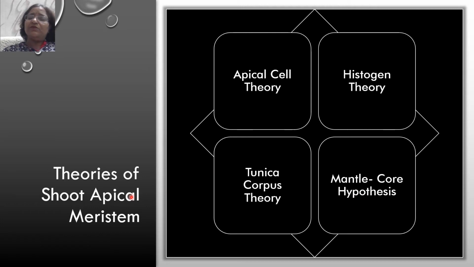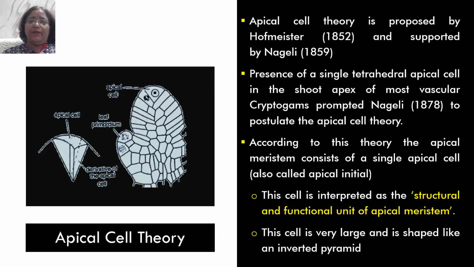Now the theories of shoot apical meristem. There are mainly four main theories. First one is the apical cell theory, then histogen theory, tunica corpus theory and mantle core hypothesis. We will study one by one. What is the apical cell theory? This theory was proposed by Hofmeister and supported by Nageli in 1859.